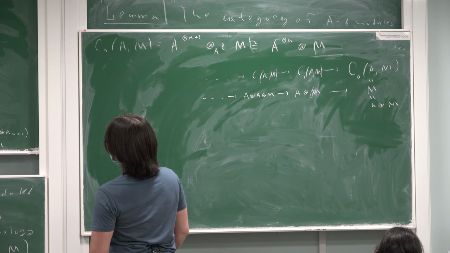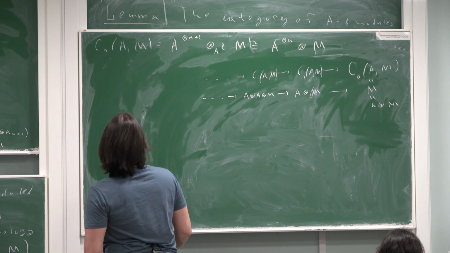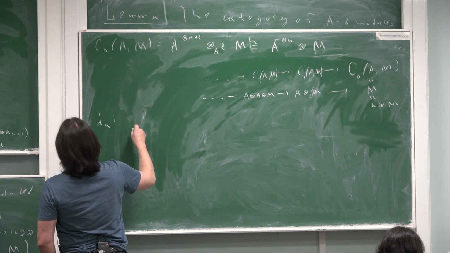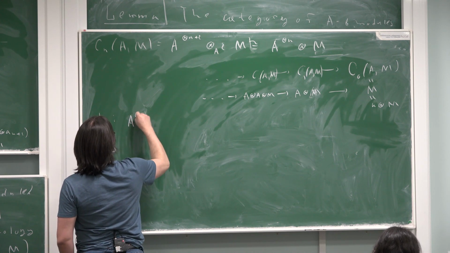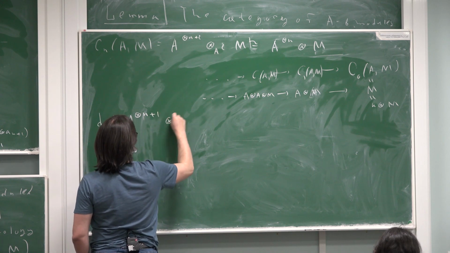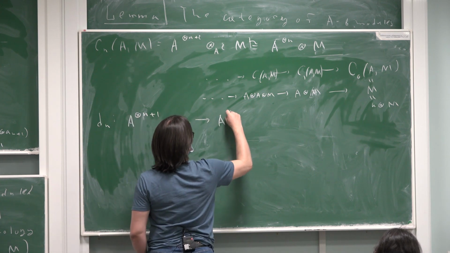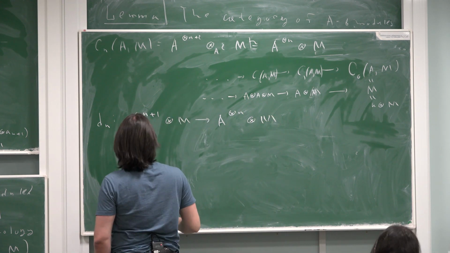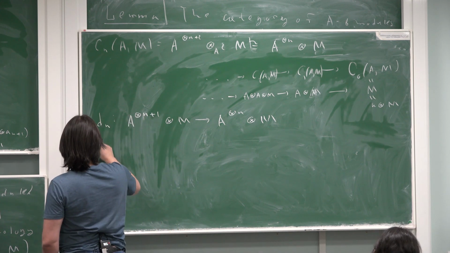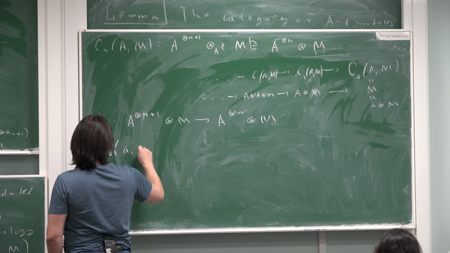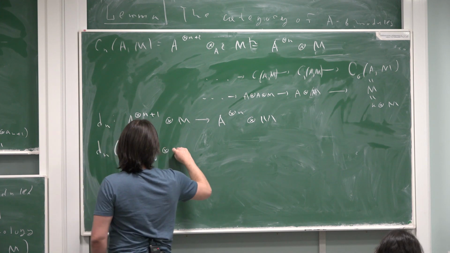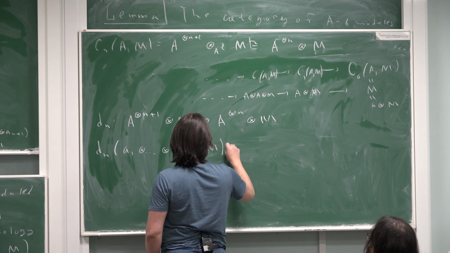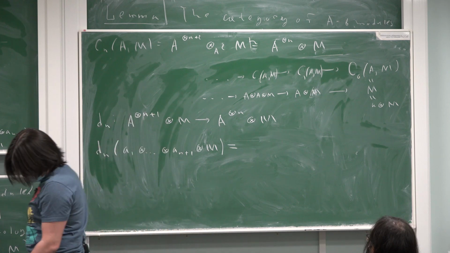So now the differential d_n goes from A tensor (n plus 1) times tensor M to A tensor n tensor M, and it is defined by the equality: d_n of a1 tensor so on tensor a_(n+1) tensor x is equal to what?